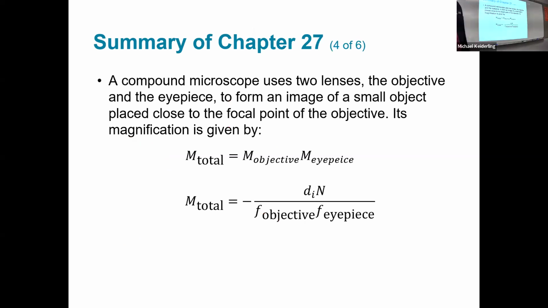A compound microscope uses 2 lenses, the objective and the eyepiece, to form an image of a small object placed close to the focal point of the objective. Its magnification is given by the magnification of the objective times the magnification of the eyepiece. The total magnification ends up being the distance to the image for the eyepiece times the near point over the focal length of the objective times the focal length of the eyepiece, with a minus sign.